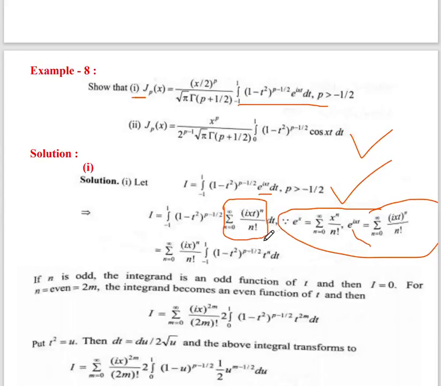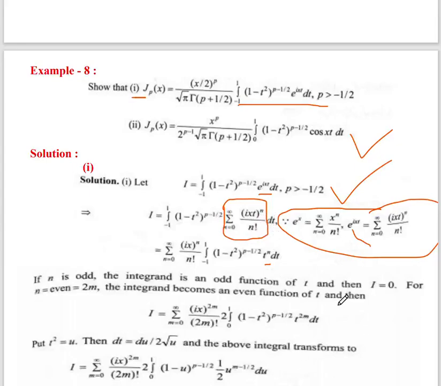We take the common terms outside of the integral, so t remains inside: summation n equal to 0 to infinity (i x) to the power n upon n factorial, and the integral minus 1 to 1 (1 minus t square) to the power p minus 1 by 2, t to the power n dt as it is.